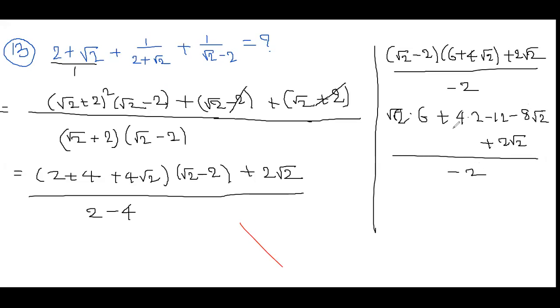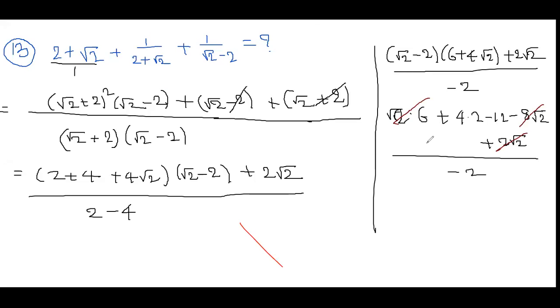Now check the terms. Here 2 root 2 and 6 root 2 make 8 root 2, and minus 8 root 2 cancels with it. All are cancelled.